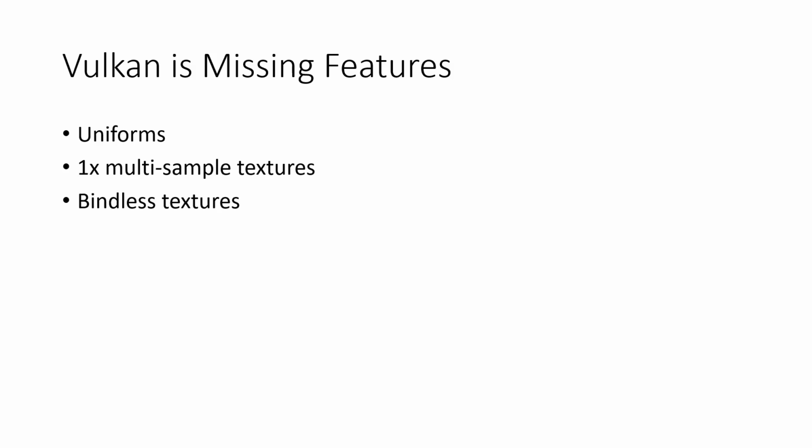Why? Because multiple means more than one. Well, what that means is we have to have a separate copy of all of our post-processing effects to work with a 2D or a rectangle texture, and then another one to work with MSAA textures.